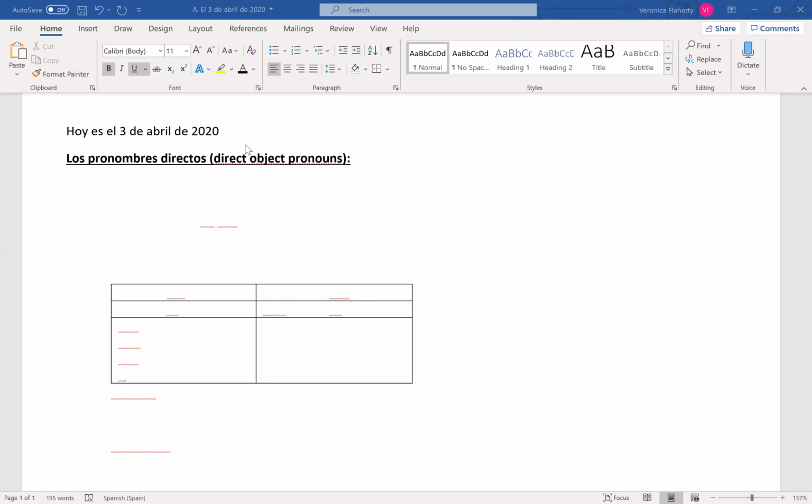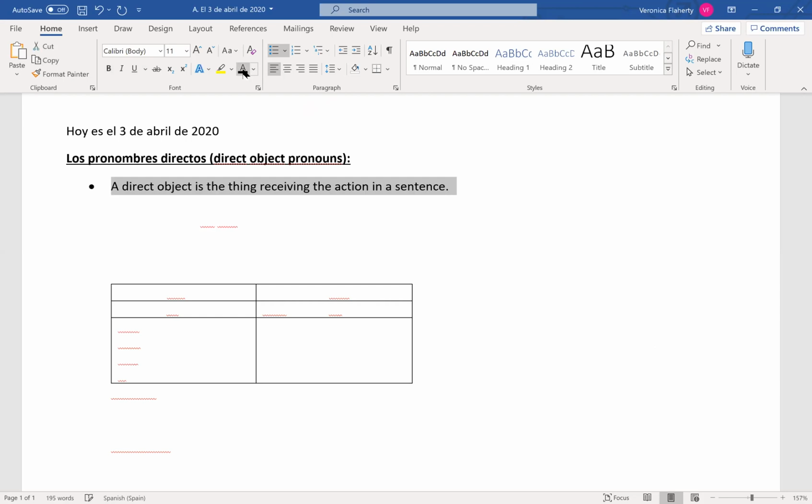And before we can talk about how direct object pronouns are used, we have to make sure we know what they are. So, a direct object is the thing receiving the action in a sentence. In sentences, there's always a subject and a verb.